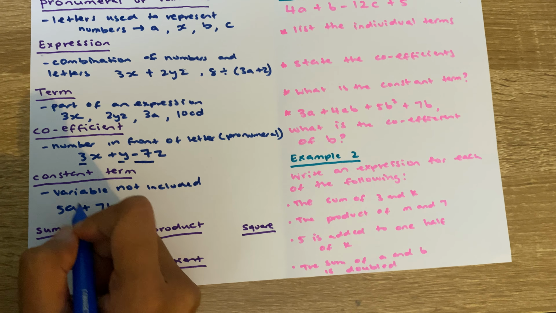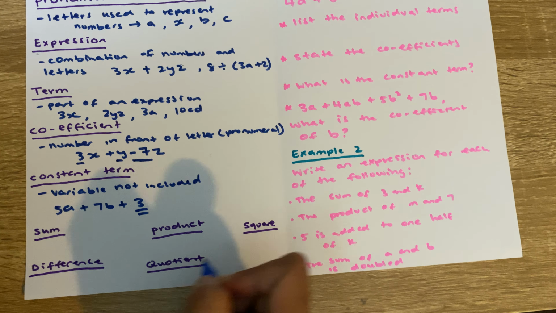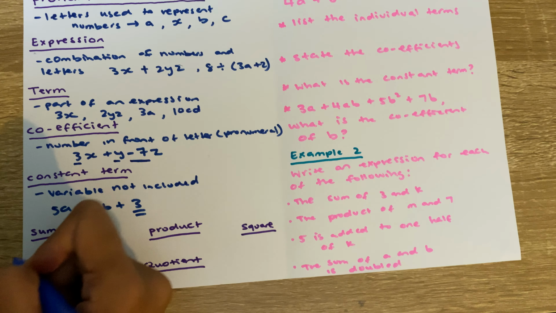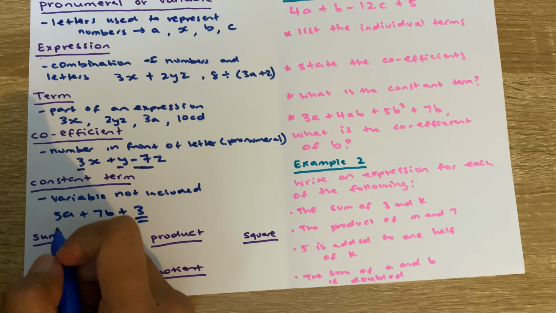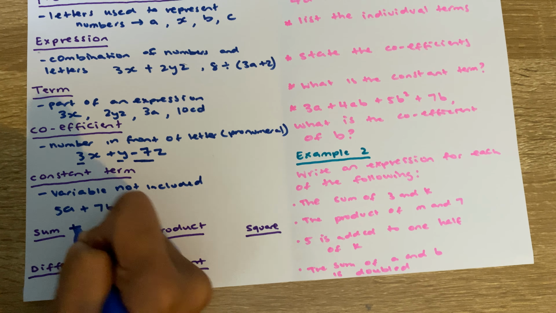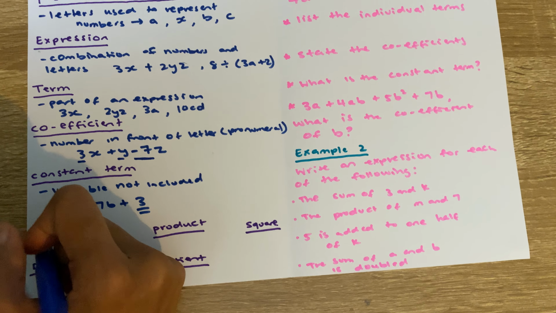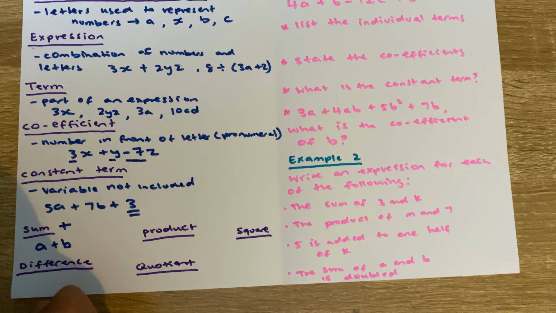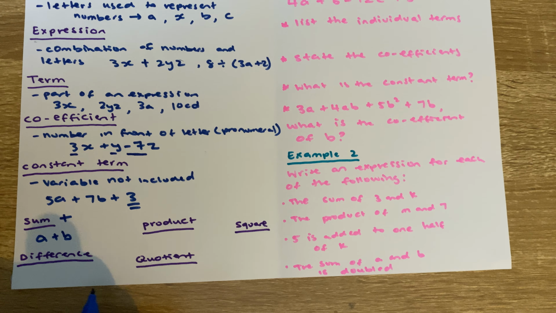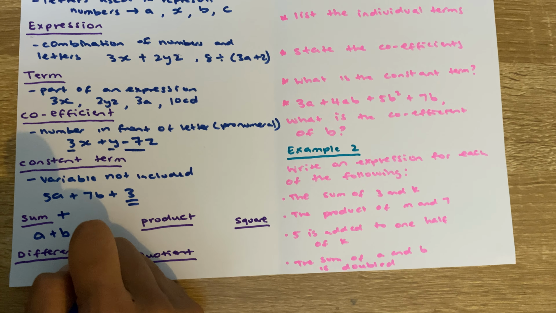All right. Now just some vocab words in terms of worded questions that we may come across. Okay, the word sum. The word sum basically means plus. So the sum of A and B is going to be written as A plus B. Difference. Difference means minus.